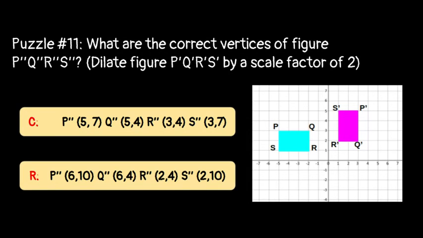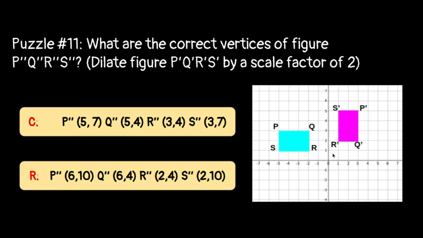Let's do the same thing for Q. So Q is at 3, 2. So remember, 3 times our scale factor of 2 is 6, and 2 times our scale factor of 2 is 4, so that means our Q double prime will be at 6, 4. Our R prime was at 1, 2, so again, you take each of those parts of your ordered pair and multiply them by your scale factor of 2. So 1 times 2 is 2, and 2 times 2 is 4. Go ahead and do that for your S prime, which is located at 1, 5.